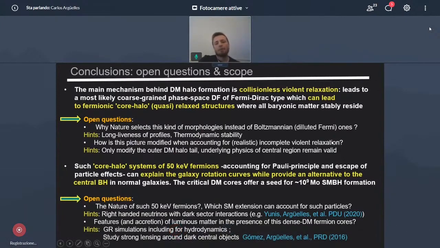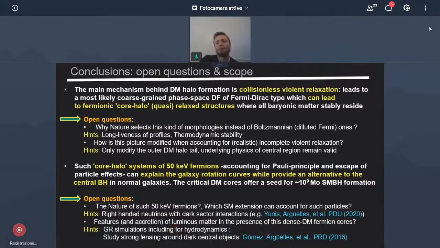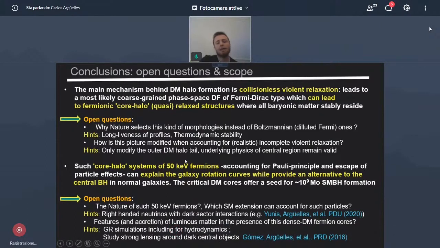We know that binary relaxation of the inner part is very nice, but it is incomplete in the sense that the timescales are so fast that the parts that relax mainly are the central parts, but the outer parts are not fully relaxed. But this will only modify the halo tails, not the central physics, which is the key point of our work for the degenerate cores. So this is no problem. It will only shift the tails.